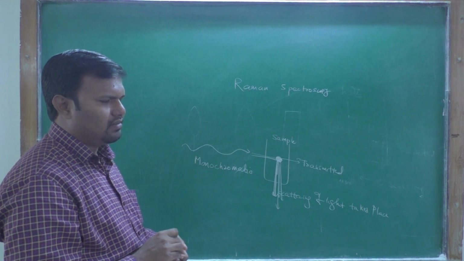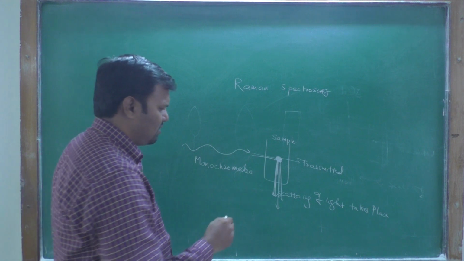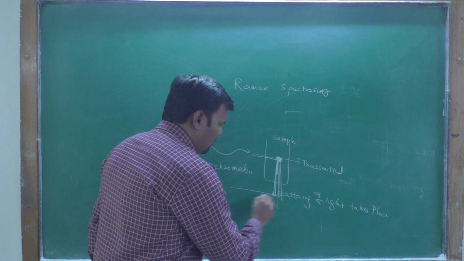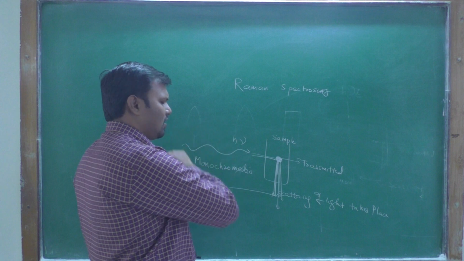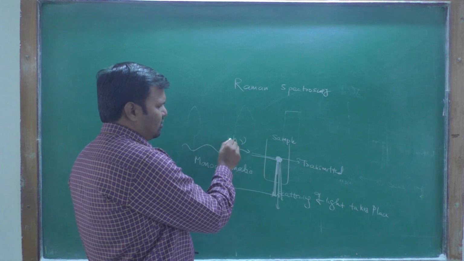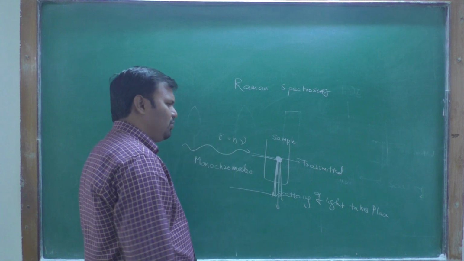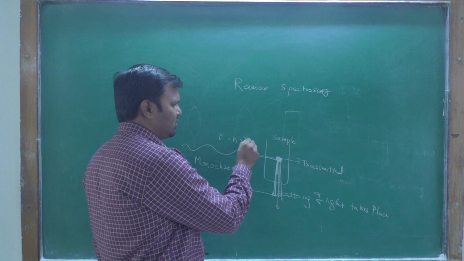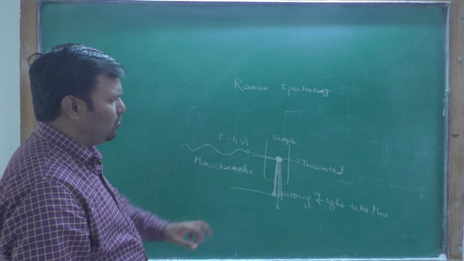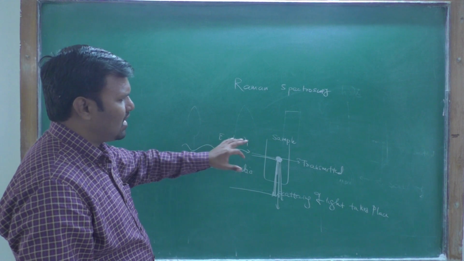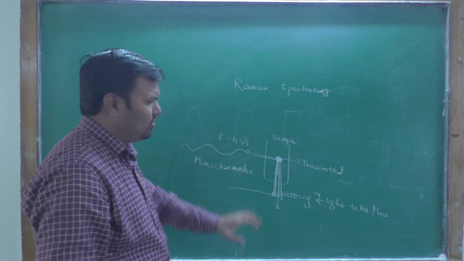These scattered lights may have, if that light has energy equal to h mu, where mu is frequency. Therefore we write mu I, where I stands for the incident frequency.